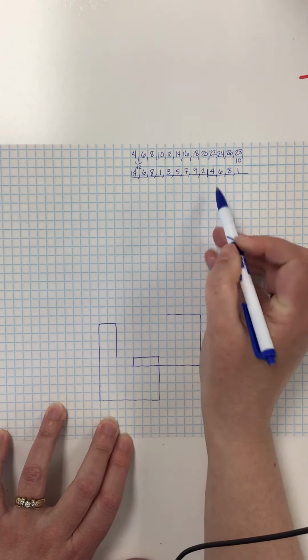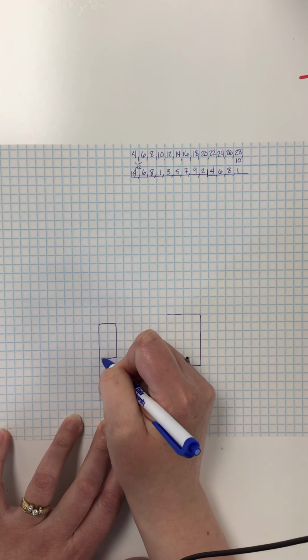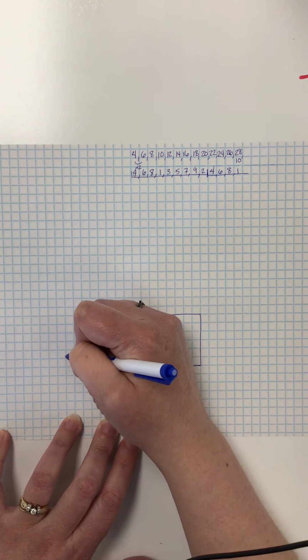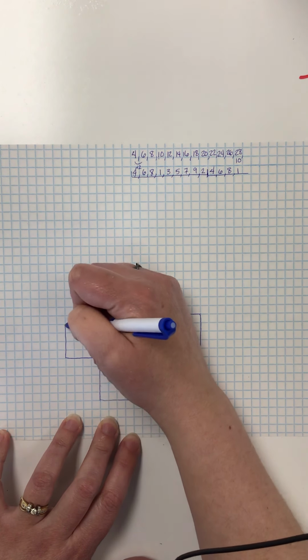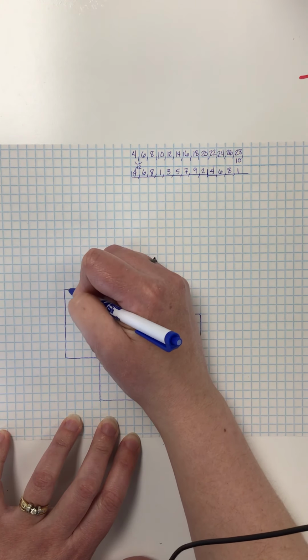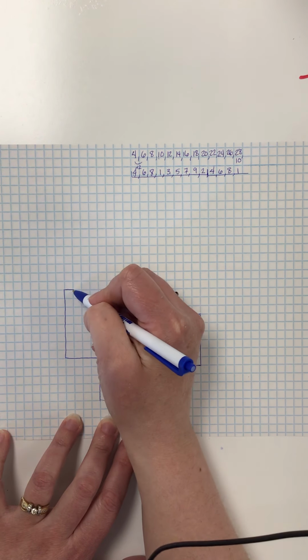Keep on going. Now I'm starting over, so now I go 6 again. Turn right and go 8. Turn right and go 1. What's next? 3 is after 1.